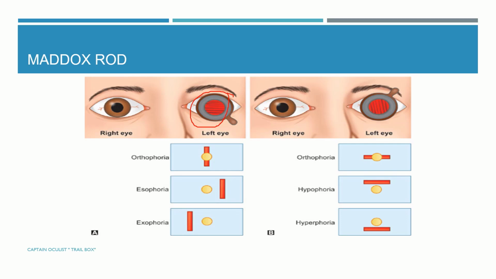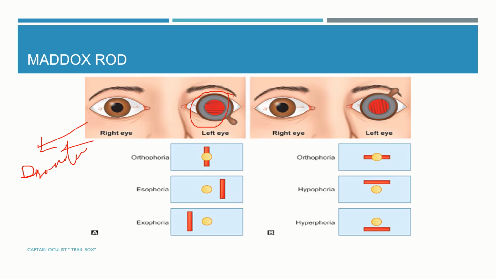But when the Maddox rod is placed in one eye, the image of a point source of light becomes dissimilar between the two eyes. Then the patient becomes dissociated, and the heterophoria becomes manifest.